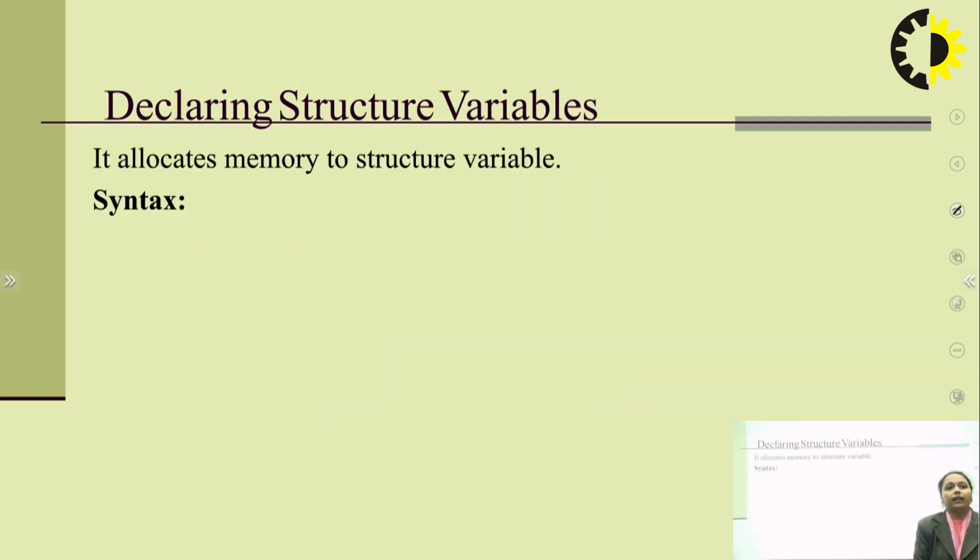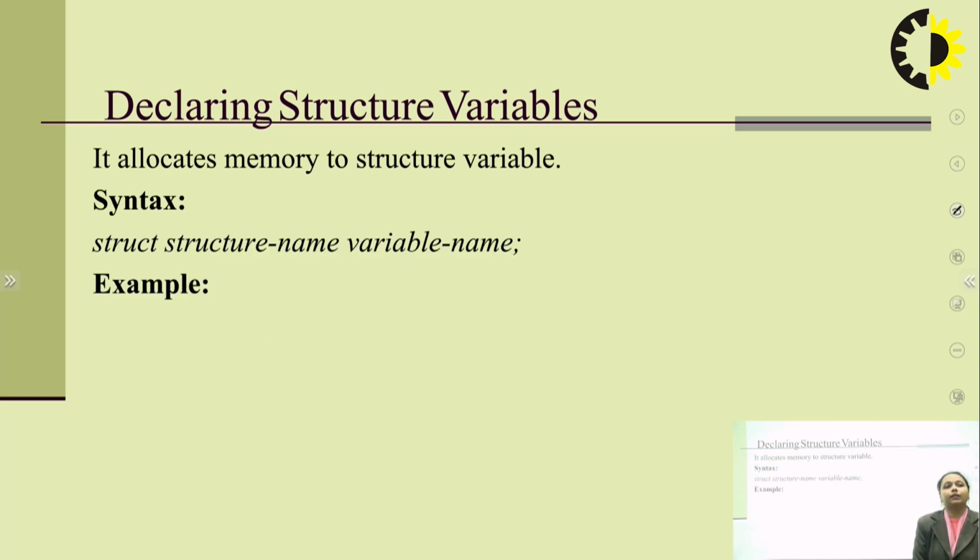Next, how to declare variables of type structure. In the previous slide, we saw that we have created a structure of student, which contains three different fields. Now, next is to declare a variable. As student has been defined as a data type by the user, now we have to use that data type for storing data.